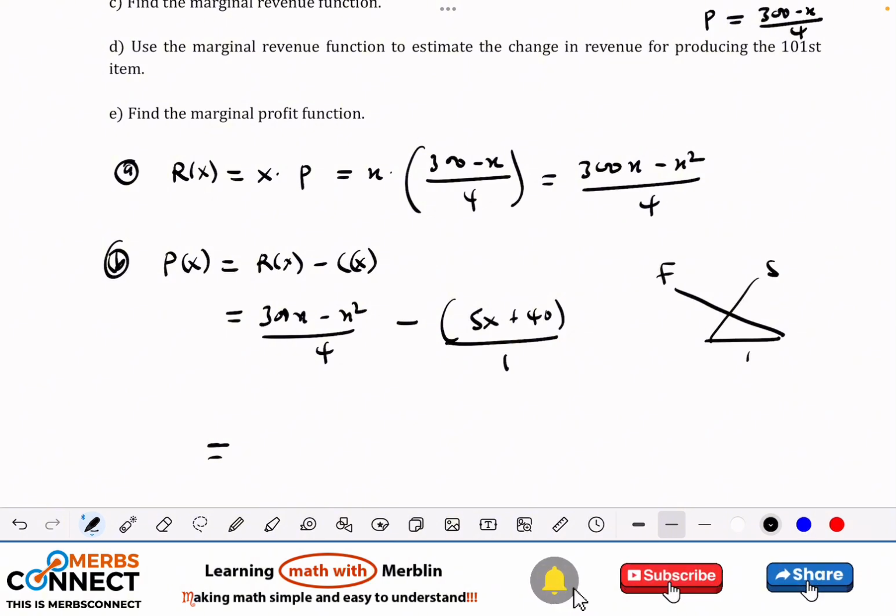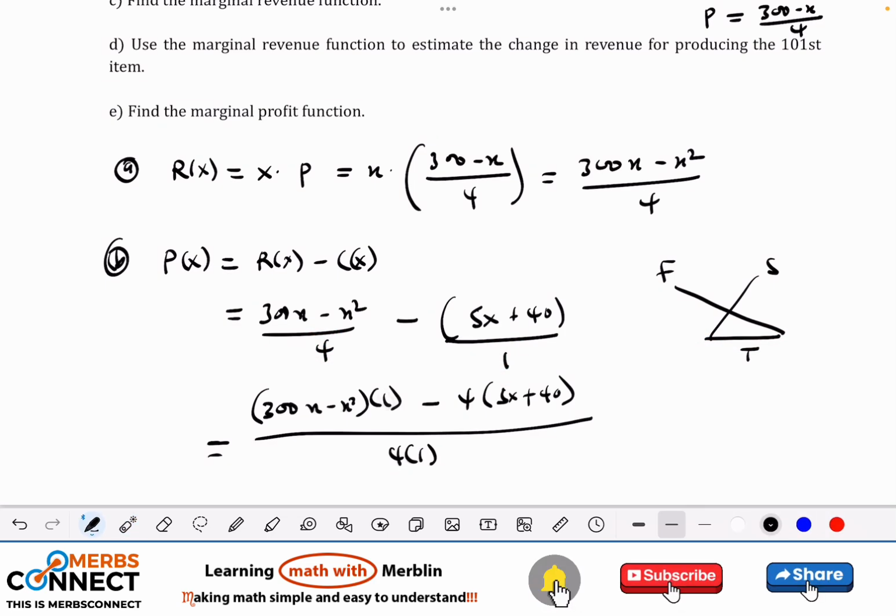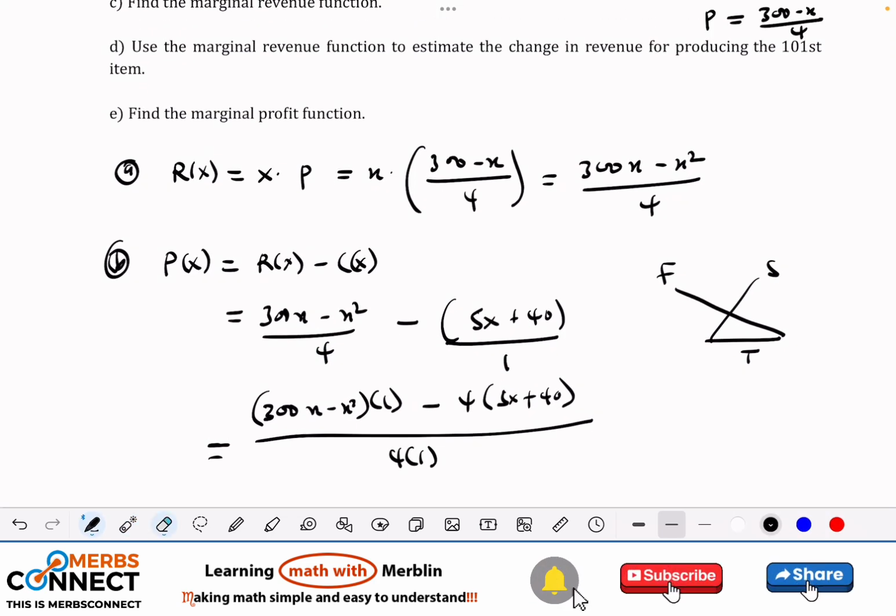First, second, third, right? So what's the first one? This multiplies this. So 1 times this one is going to give us 300x minus x squared times 1, minus, second, we go this way, so this will multiply this. So we are going to have 5x plus 40, then divided by, what is the third? We are going here to this side, so 4 times 1. Good. So that's what we are going to get at the end of the day.